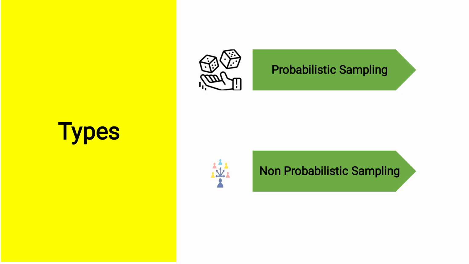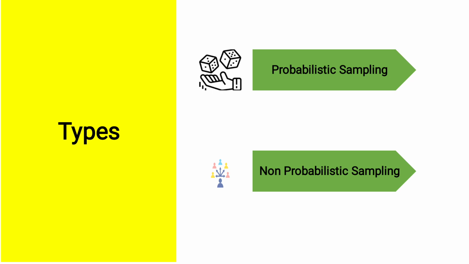Another one is non-probabilistic sampling. Here there is no rule of probability, or you can say this is against probability theory, and based on your individual perception, or the convenience of the research, or the judgment of experts, you draw a sample from the population, and for that there is more bias present in the non-probabilistic sampling technique.